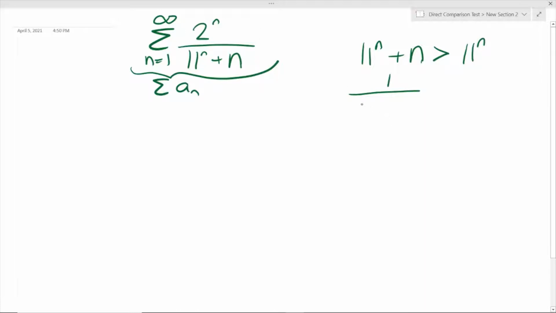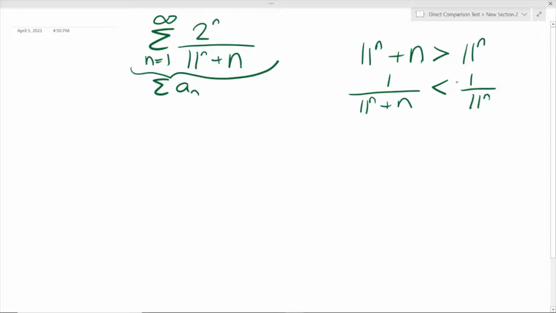When we look at the reciprocal, we're going to flip. And since the denominator is going to be greater, this whole expression is just going to be less. So this whole thing is going to be less than 1 over 11 to the exponent of n.